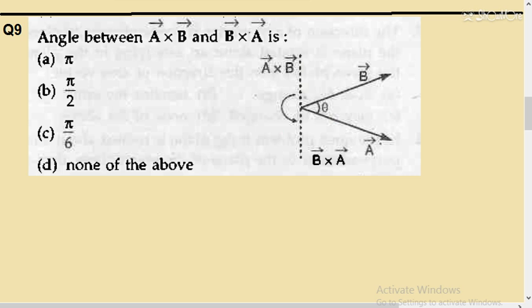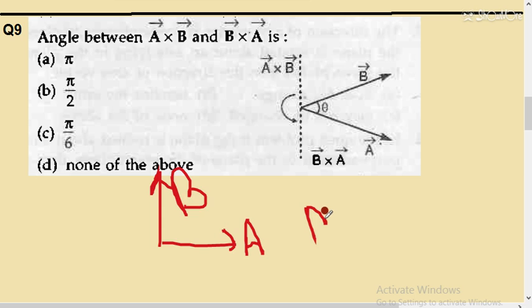It is the same case, like two vectors are there. Suppose vector A is there and vector B is there. We have to find the angle between A cross B and B cross A. We studied that with the question of C vector and D vector.